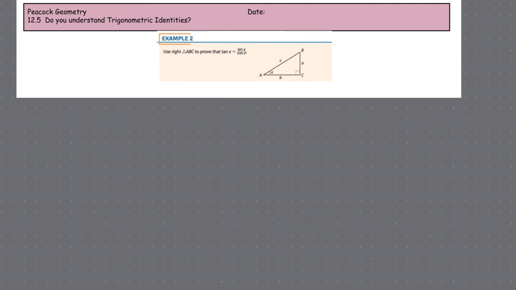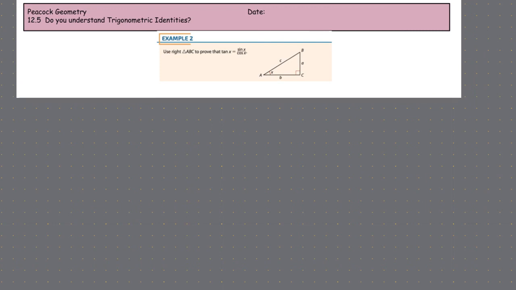Okay, so remember when I told you I wanted you to get comfortable with looking at sine as a over c and cosine as b over c? Well, that's what I want to do with example number 2. So example number 2 is asking us to use this triangle ABC to prove that the tangent of x is really the sine of x over the cosine of x.